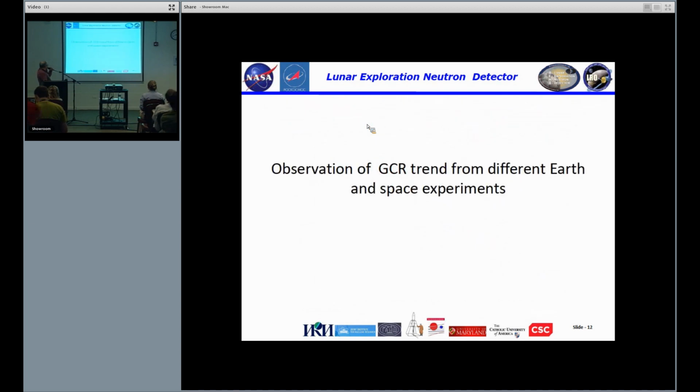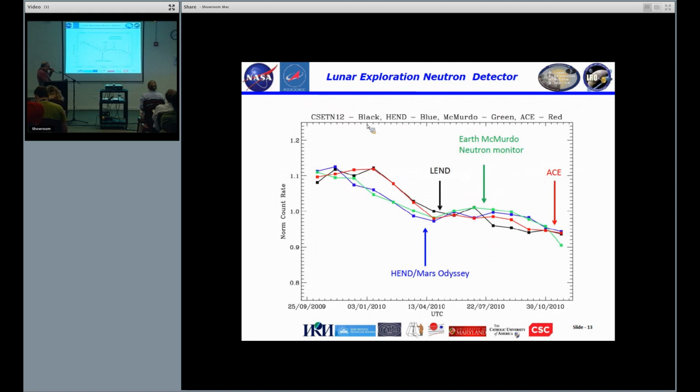Now, more experiments, more trend. In this case, we put on top of each other the LAND data, in black, the HEND Mars Odyssey neutron data, the McMurdo neutron data, and the AC data. So you see, LAND and AC data are quite close.